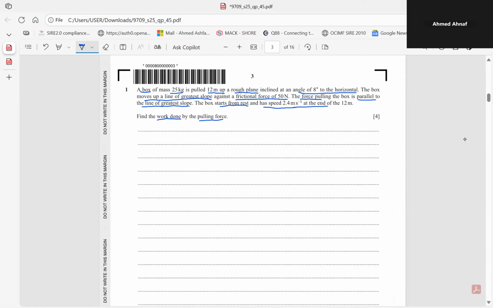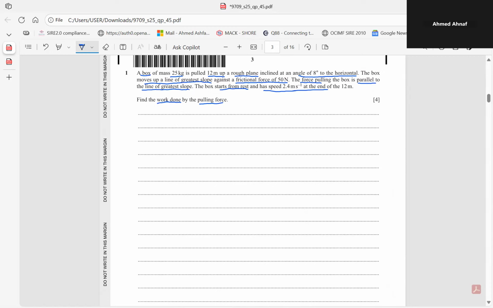Okay, so first of all, let's sketch a diagram of whatever they describe to us. So this is at an angle 8 degrees, and this is 25 kg, and then it's pulled by a force.